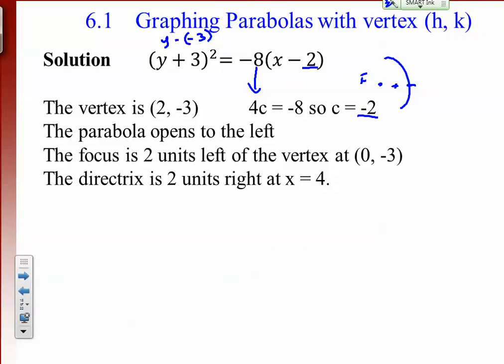The directrix is 2 units to the right of the vertex, so it's going to be over here at x equals 4, right? We would add 2 to the x to go to the right to get x equals 4, and subtract 2 to get the 0, negative 3 for the focus.